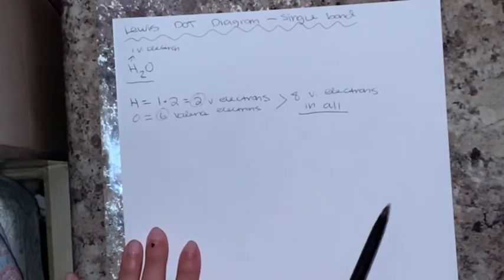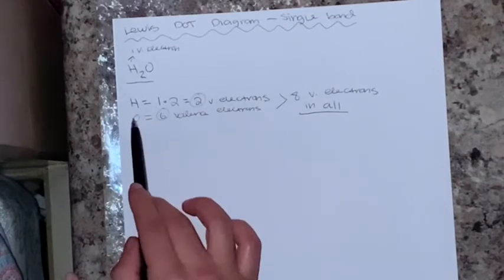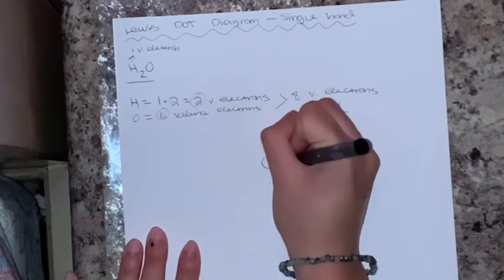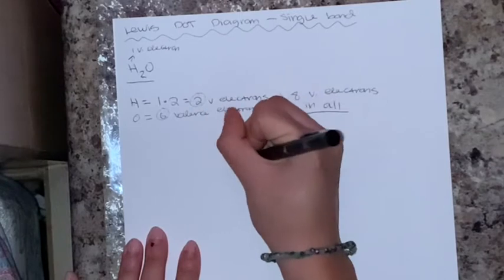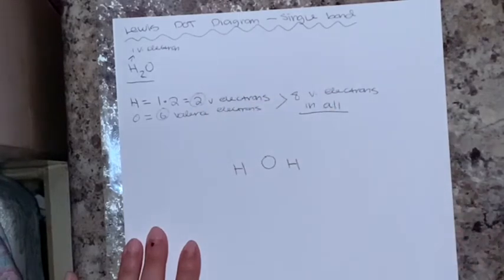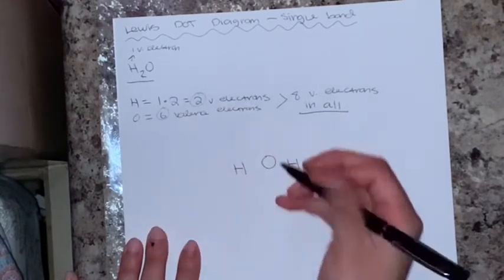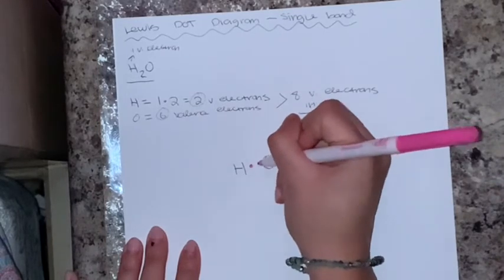And so now we're going to combine hydrogen and oxygen, but we're going to put oxygen in the center, and that is step number 2, putting the least electronegative chemical symbol in the middle. And remember, hydrogen has an exception and cannot be in the center because it only has one electron, which means it can only make one bond.